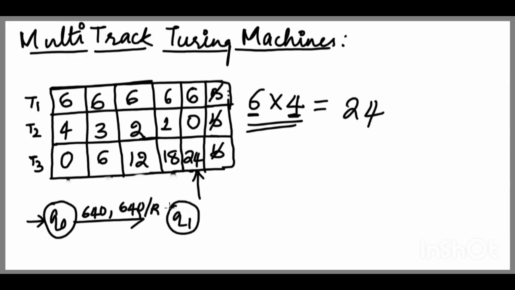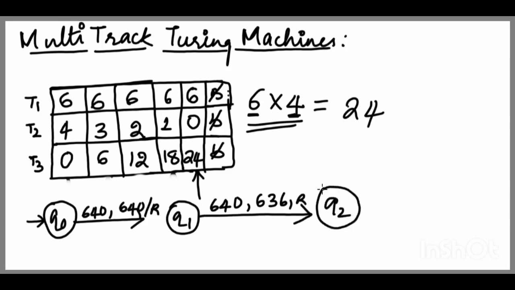We reach the next state, Q1, where we experience another 6, 4, 0. We update them into 6, 3, 6 and move in the right direction. The next step would be Q2. In the next state, we update 6, 3, 6 to 6, 2, 12 and move forward in the right direction.